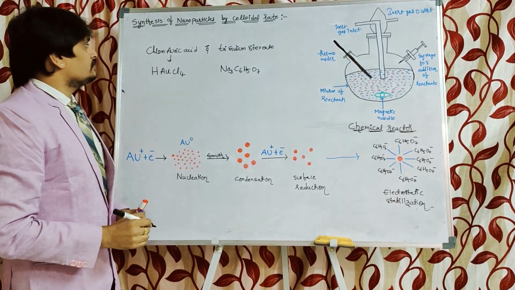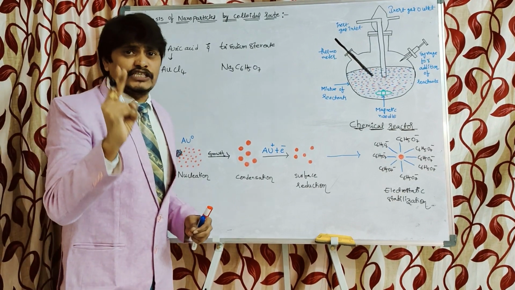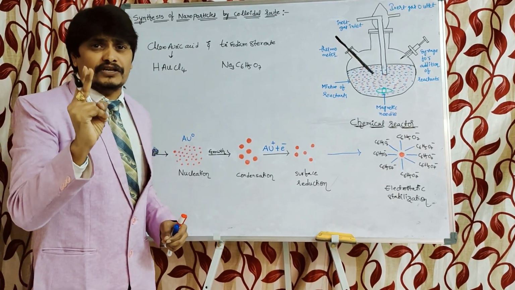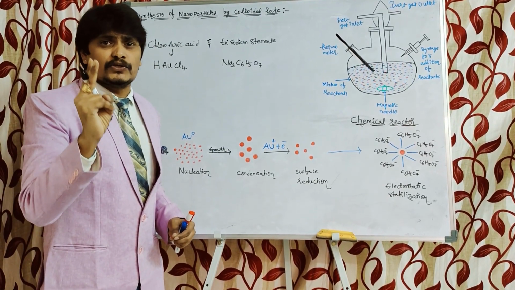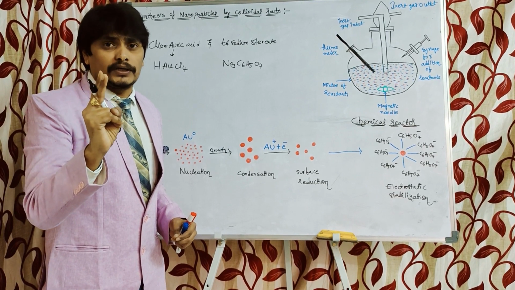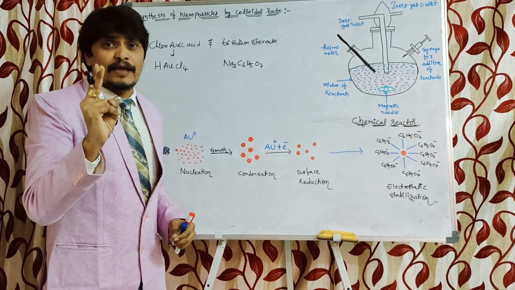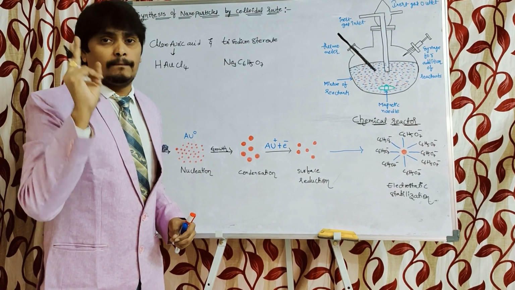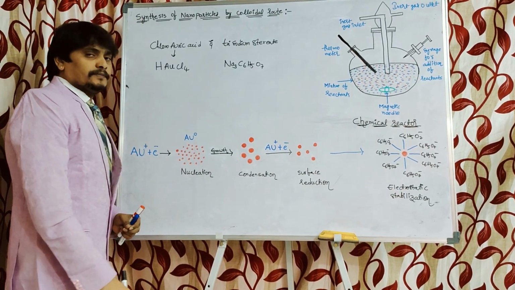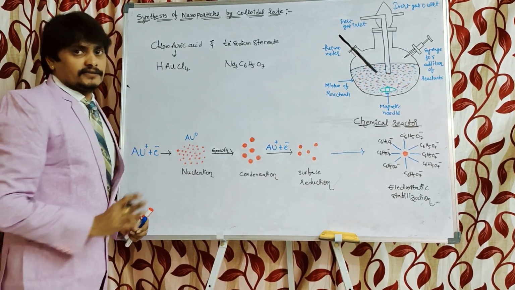Then C6H5O7. So these are the two reactants required for the preparation or synthesis of nano gold, in fact highly stable nano gold, using the colloidal route. These are the two reactants.